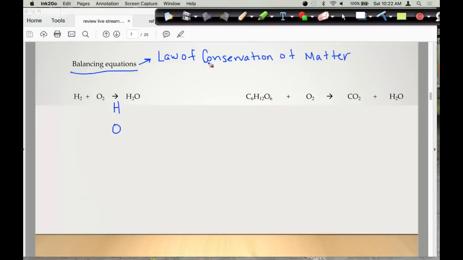Every reaction has a balance, or a conservation, of mass, energy, and charge.